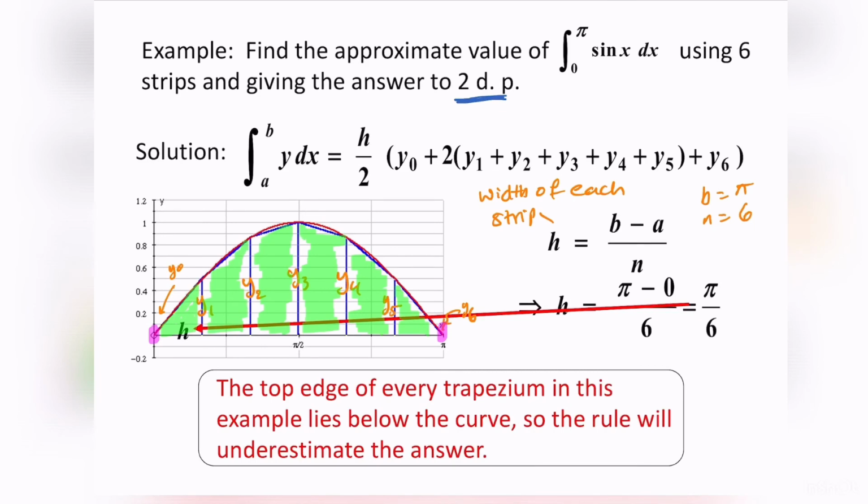I'm just going to show you how to find x in this next slide. We have the values: it's from 0 to pi, and h is pi over 6.